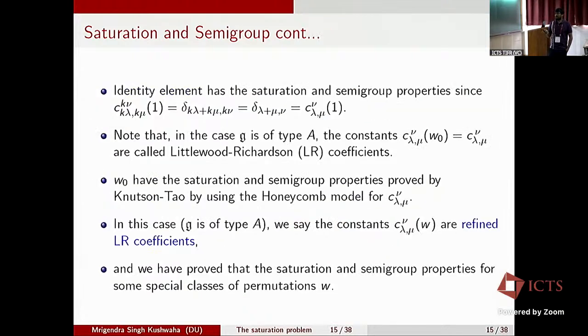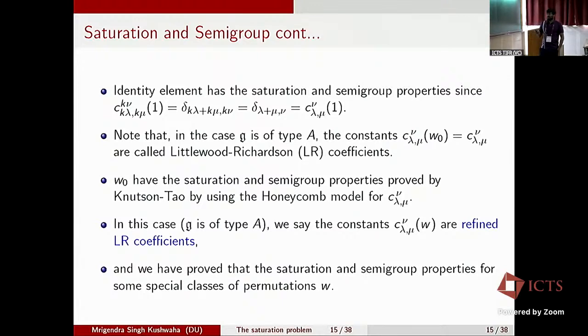There are some obvious candidates. If I take W equal to identity, this obviously has both properties, saturation and semi-group, because this is just the Kronecker delta. So in this case these two are equal, and it follows that it has the saturation and semi-group property.